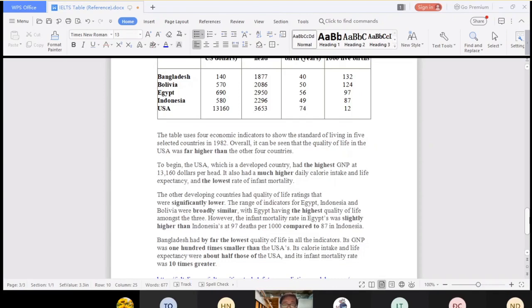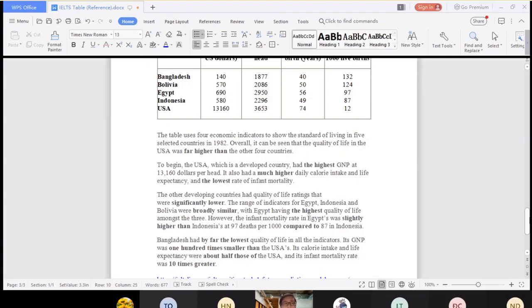You see, "by far the lowest quality", and then "100 times smaller than". Sometimes you need to show the figure, you need to support the figure, but you have interpreted the data. "100 times smaller than". If you don't take a closer look at the figures, if you don't analyze, if you don't interpret, how can you come up with this result, right?